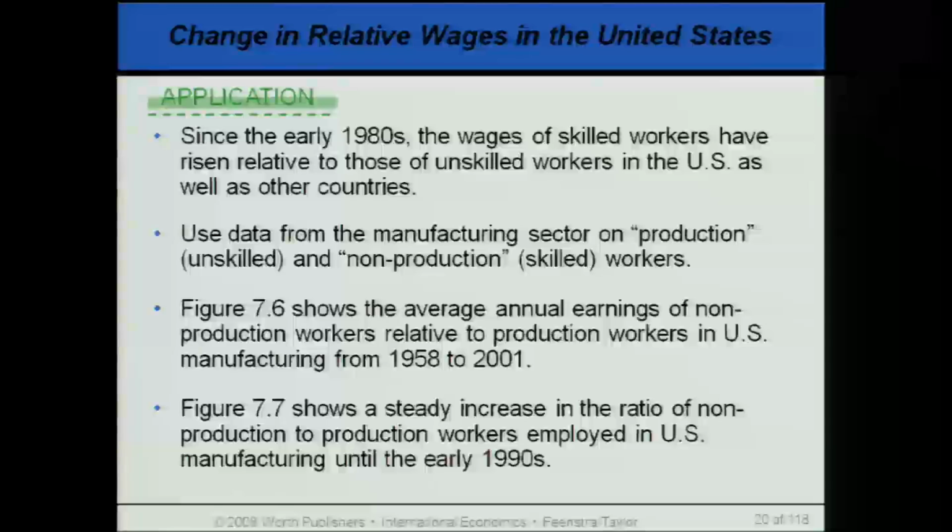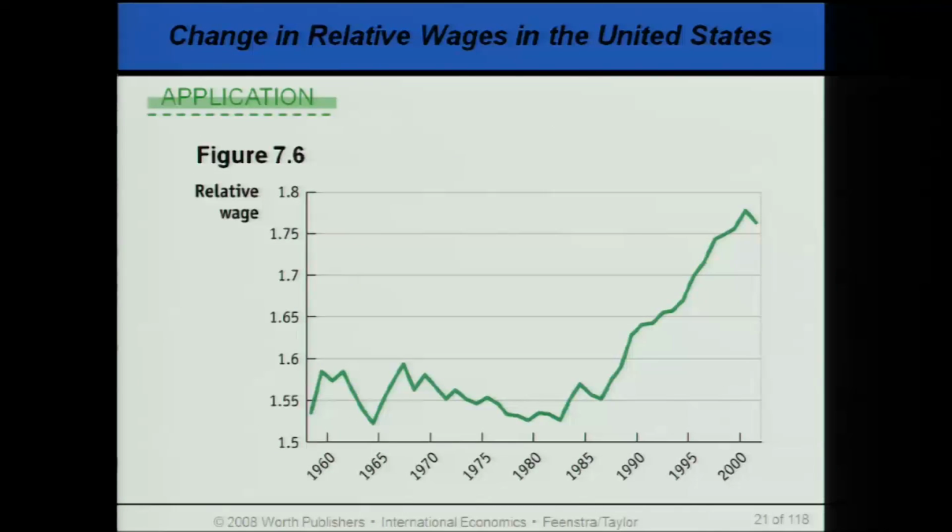Now, using data for the manufacturing sector on production, that is unskilled, and non-production, that is skilled workers, you can see the figures which show the average annual earnings of non-production workers, which is skilled, relative to production workers in US manufacturing from 58 to 2001. And the figure will show a steady increase in the ratio of non-production to production workers employed in US manufacturing until the early 1980s.